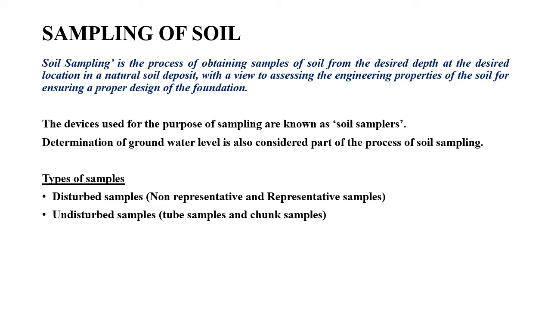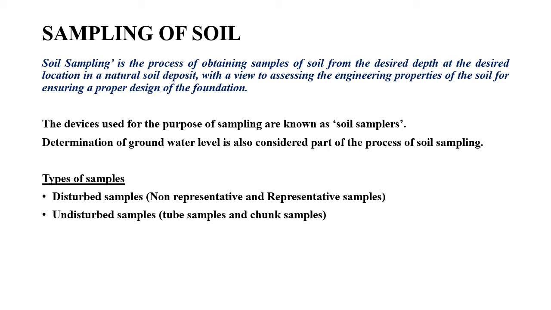Such samples can only give some qualitative information, like the major changes in subsoil strata, whereas with representative samples, the structure of the soil is definitely disturbed here also, but the soil sample collected would have the correct mineral constituents of the sample from that particular depth.